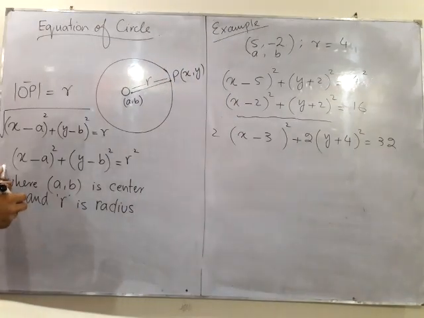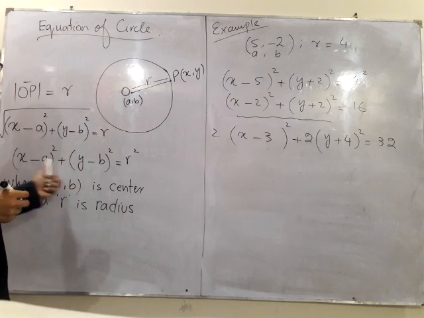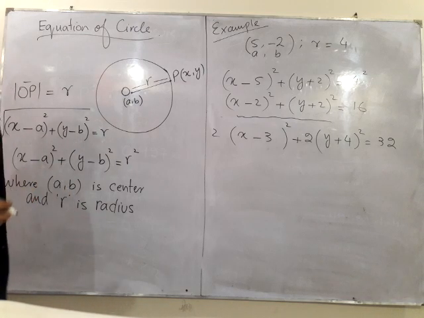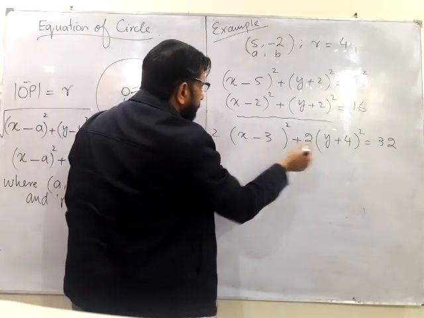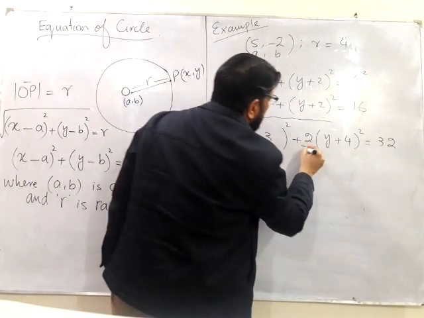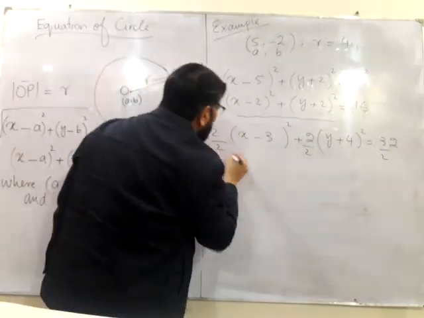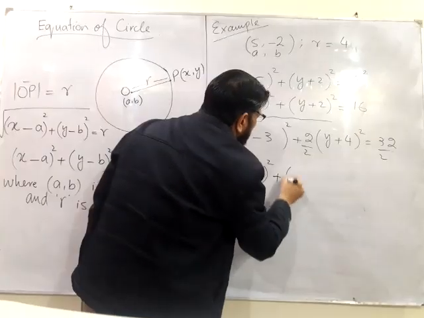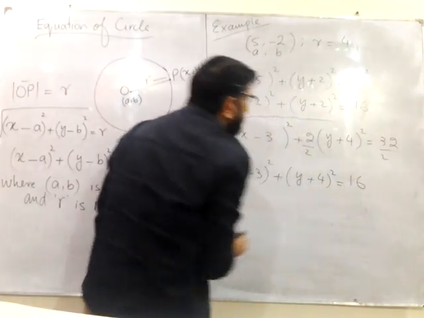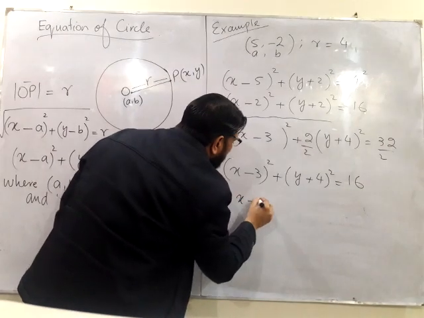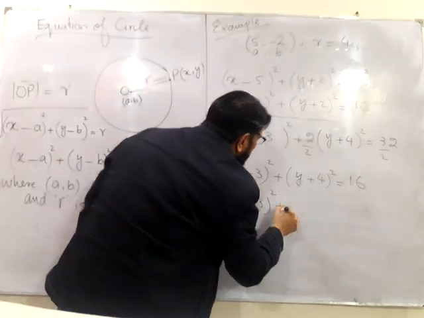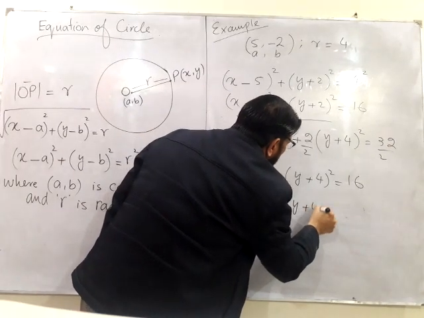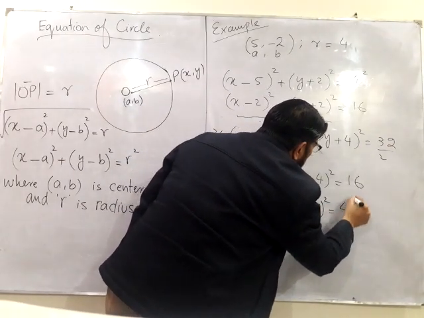We know that in the general equation of a circle there is no number along with these two. So let's divide everywhere by 2. We reach (x minus 3) square plus (y plus 4) square equals 16, which is 4 square.